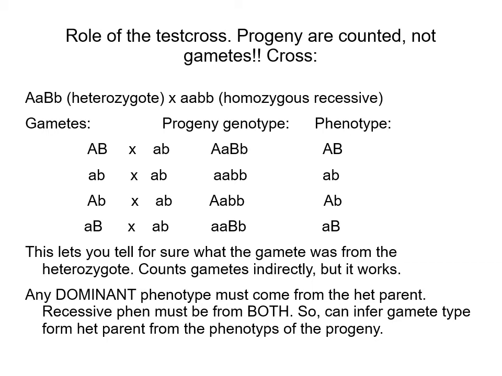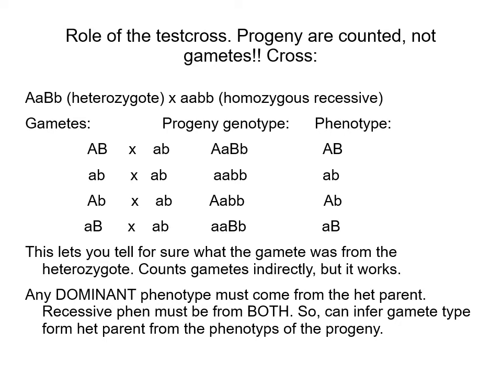So if the phenotype is big A, big B, we know the gamete type was big A, big B from the heterozygote. If it's little a, little b, well, we know there were recessive alleles from both parents, implying that the heterozygote gave both recessives. If you have a big A phenotype, little b, same thing, the big A must have come from the heterozygote, and both parents contributed the little b.